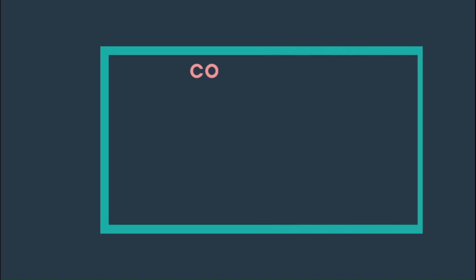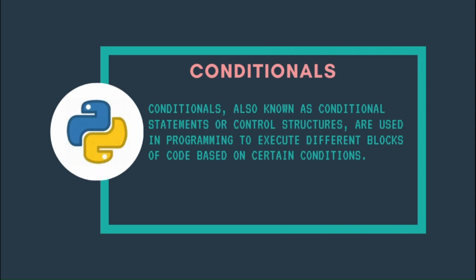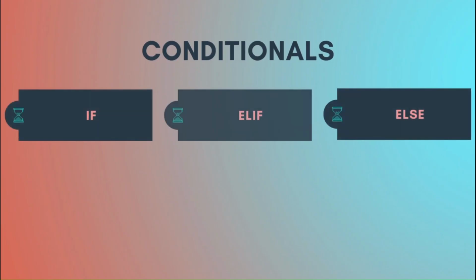Let's head to conditionals. Conditionals, also known as conditional statements or control structures, are used in programming to execute different blocks of code based on certain conditions. In Python, the main conditional statements are if, elif, and else.